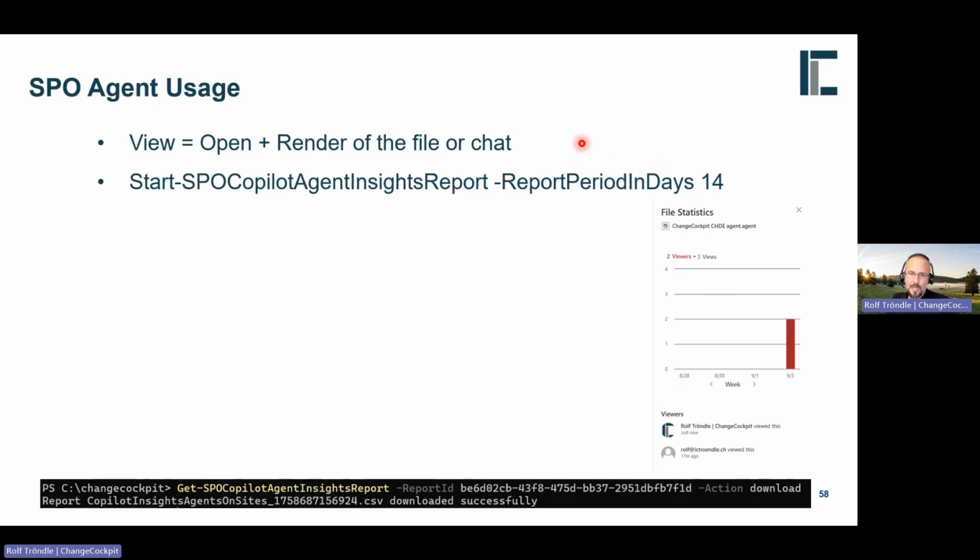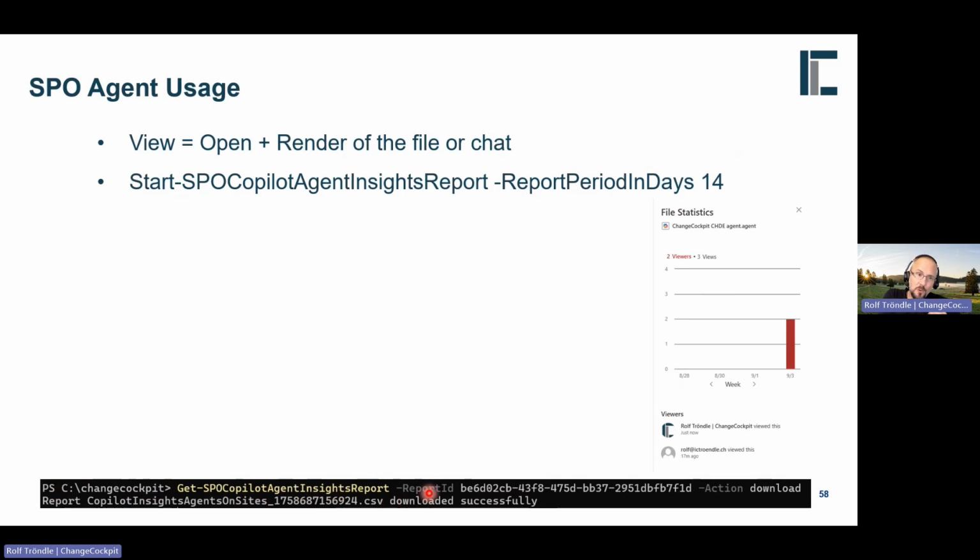But anyway, you can also, through the whole tenant, create a new report using Start-SPOCopilotAgentInsightsReport in the SharePoint Online Management Shell, with a report period in days, for example for the last 14 days, and this will run for up to 1 day. Afterwards, you can export the report with Get-SPOCopilotAgentInsightsReport with the report ID and action download, and then it will download the CSV file.